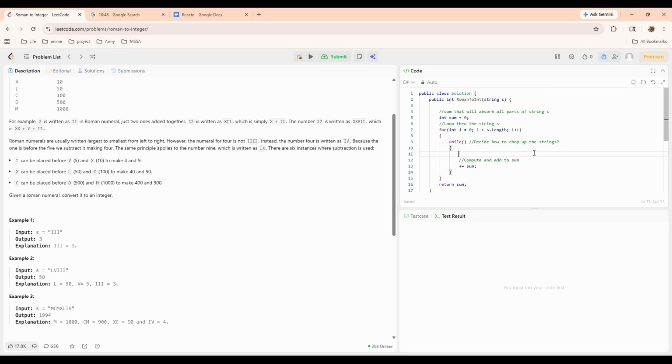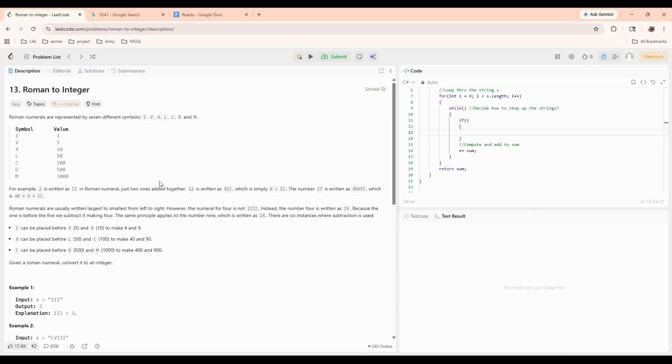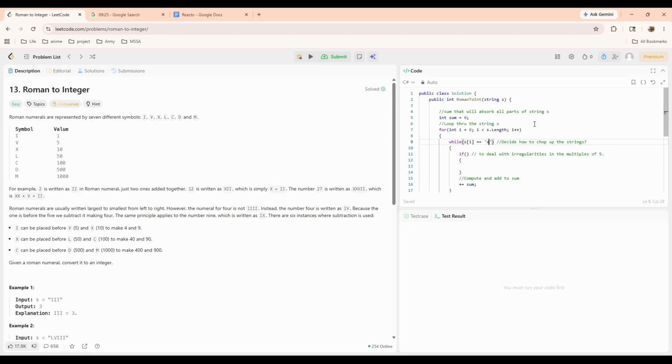The if statement to account for the irregularities around the multiples of 5. I have no idea how to move forward with this.